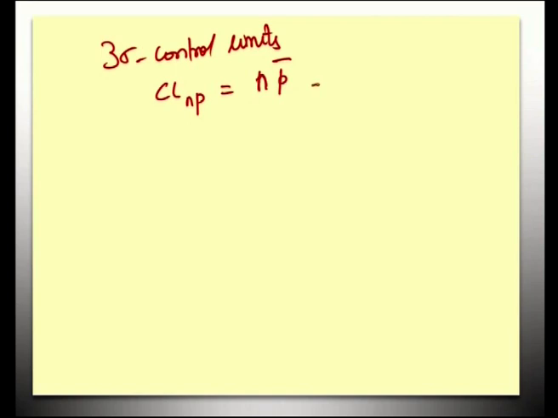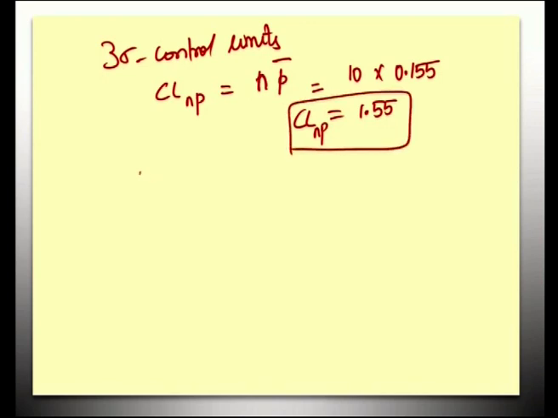Now, next we have to calculate 3 sigma control limits. The CL for the number of defectives is n p bar, which is 10 into 0.155, equal to 1.55. So, CL of NP is 1.55.